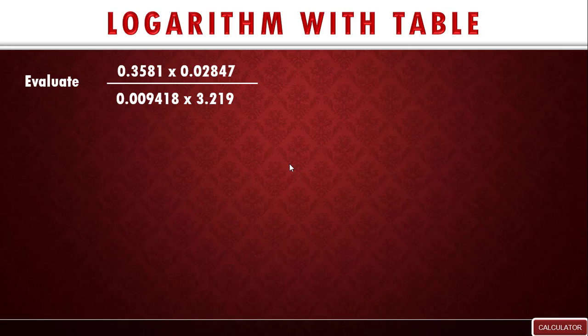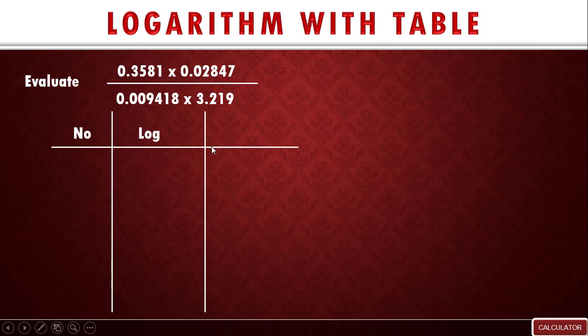The first thing you need to do is to draw your number log. You can see this number log has an extra line, so that we can put those values in there as an extra value. We will start from the numerator side, which is this number and this number. So let's arrange the two numbers, and then determine their logarithm.